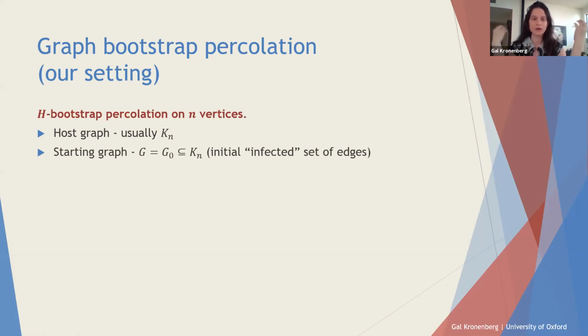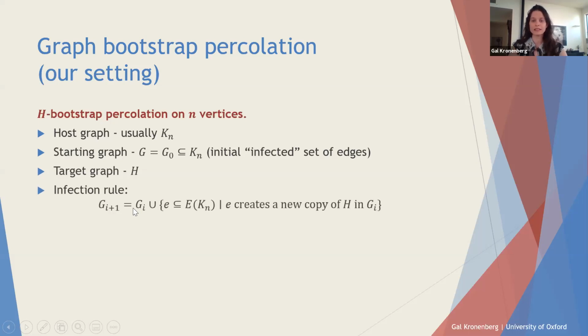In the graph-bootstrap percolation, we have this special structure in mind, and this is the target graph H. The infection rule is as follows: a new edge will get infected if it's the only missing edge in a copy of our target graph H. So in step i, I will have all the edges that were previously infected, plus all the new edges that, when added, create a new copy of H. This is the percolation process that I will consider in this talk.